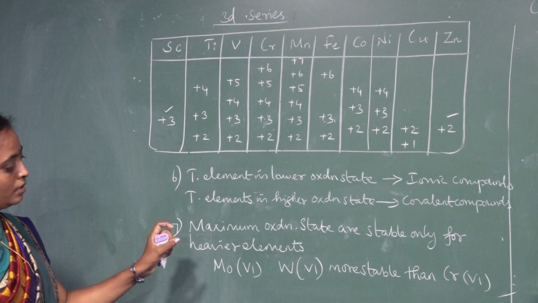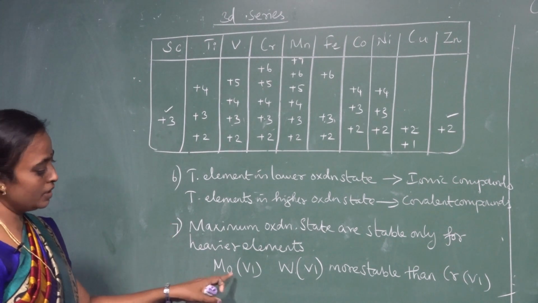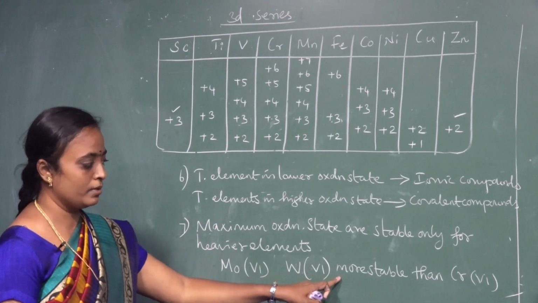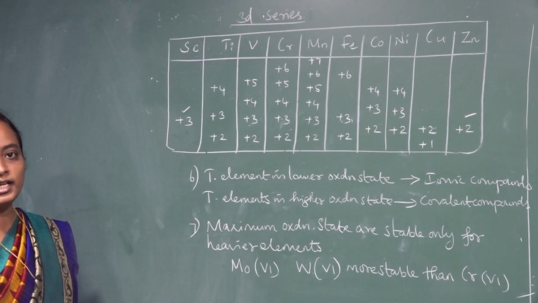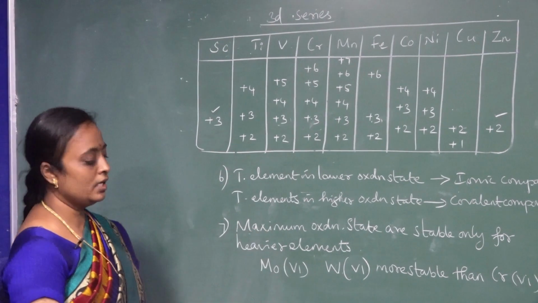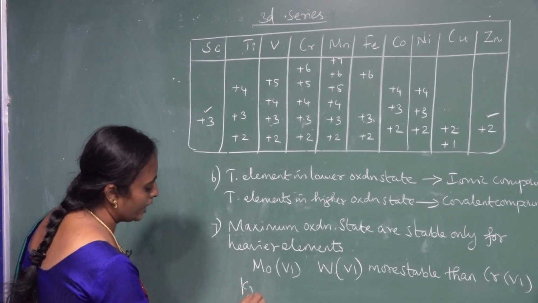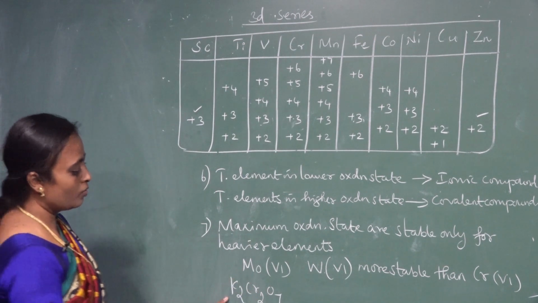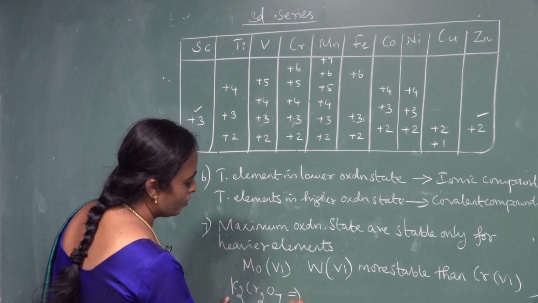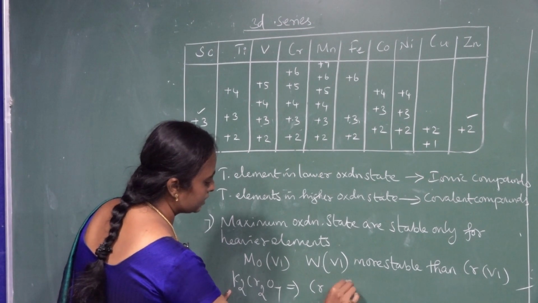Even though molybdenum and tungsten are more stable, we are not using them as a strong oxidizing agent. But chromium in the form of potassium dichromate, we know already, the oxidation state of chromium is +6.